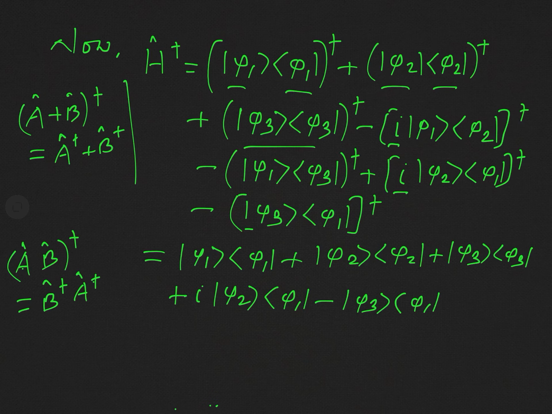And we will take the complex conjugate of I, and that will be minus I, and interchange the Bra and Ket by corresponding Kets and Bras. So this will be Bra phi 1.